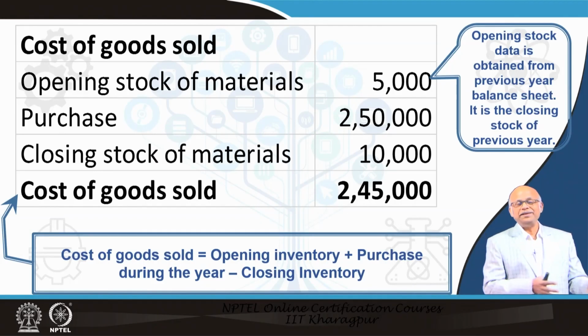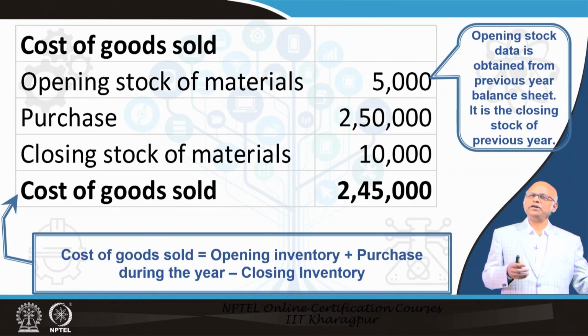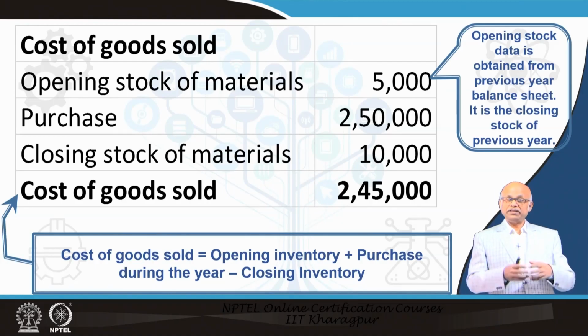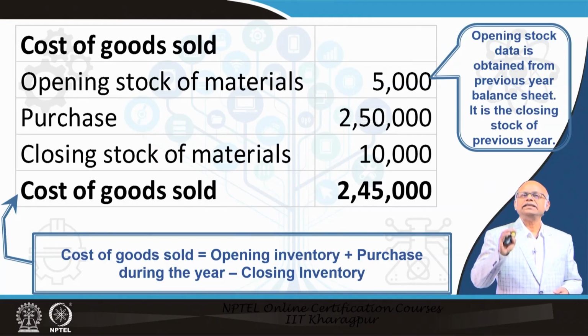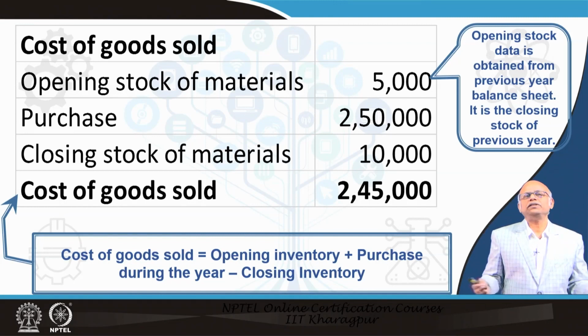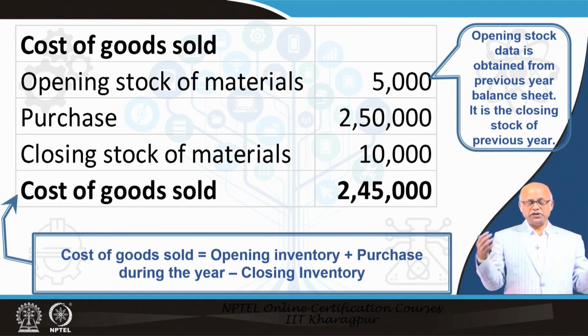Now, at the end of the current year, 2018-19, as on 31st March 2019, your closing stock is 10,000 rupees, which you physically see. This information is not available right before you; you just count your stock and take an inventory.